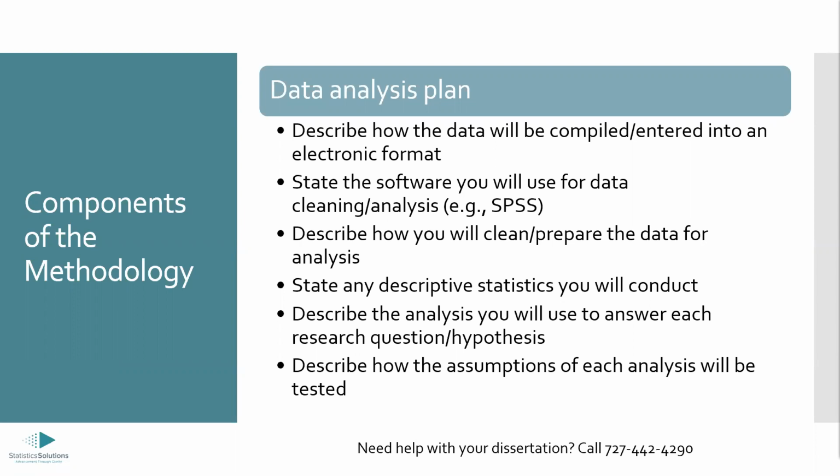And especially if you have to manually enter data from something like a paper and pencil questionnaire, you want to check over those data entries to make sure that the data were entered accurately. Because anytime you introduce that kind of process, there's a chance for human error where maybe you typed in a number wrong when you're entering the data. So you want to go back and check and make sure all of that data entry is accurate.